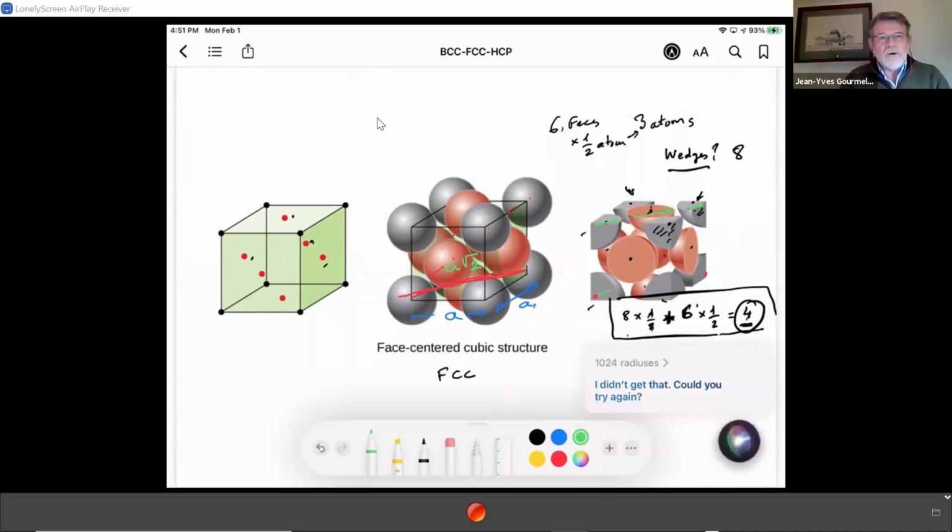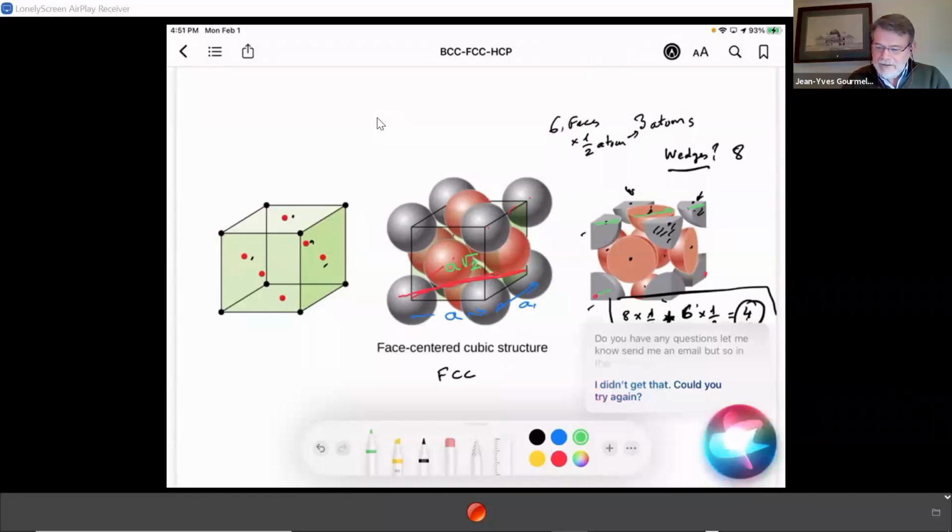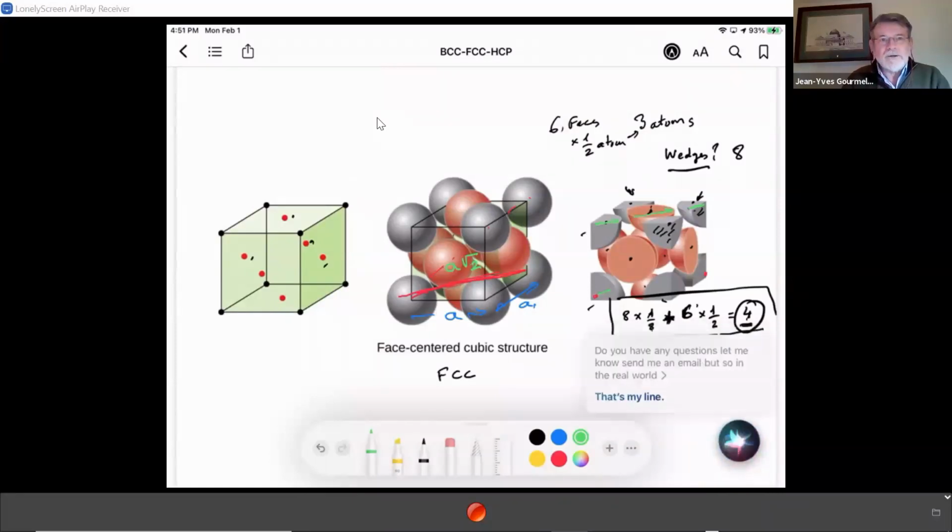So in the real world, those spheres will all be touching. They will be actually touching. It's not a figure of speech or imagination.